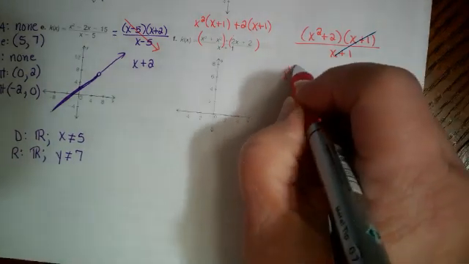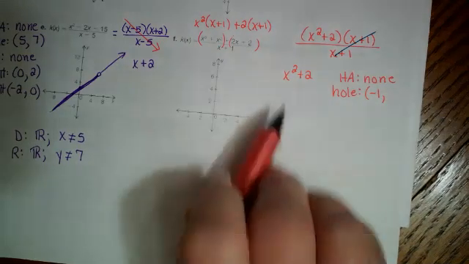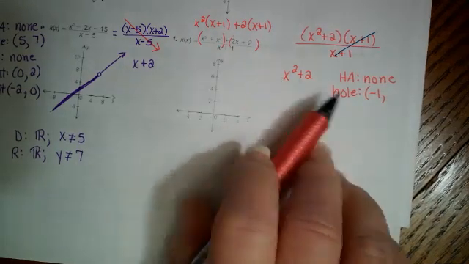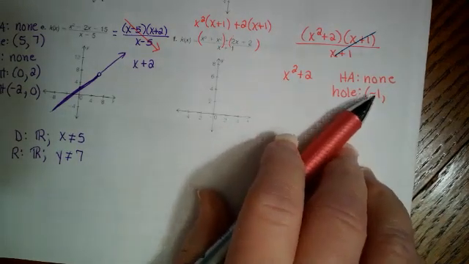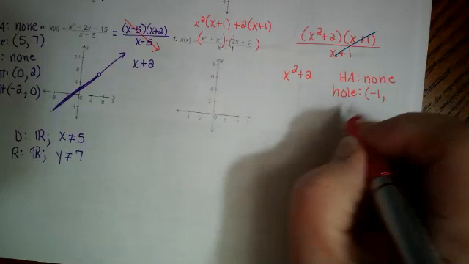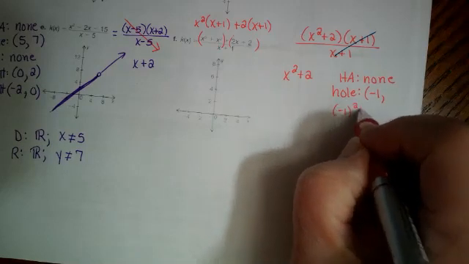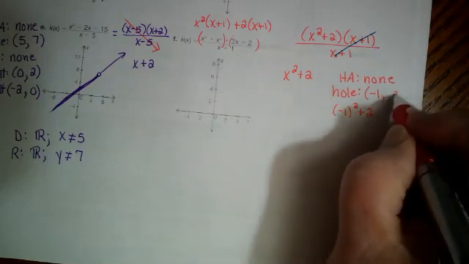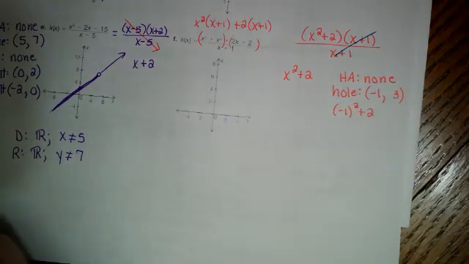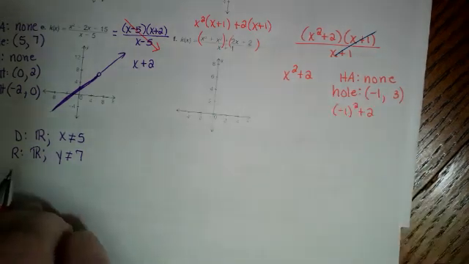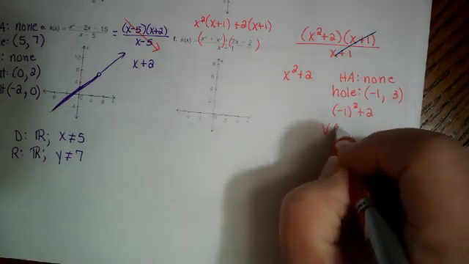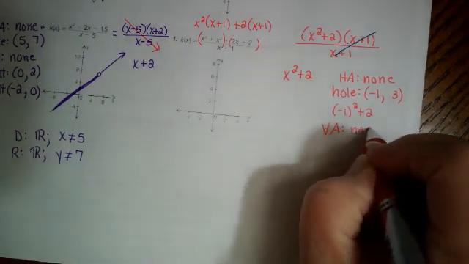So all I have to graph now is x squared plus 2. That's a quadratic, but it has a hole at negative 1. So plug in negative 1. Negative 1 squared plus 2 is 3. There's a hole at negative 1, 3. There is no vertical asymptote because there's no denominator.